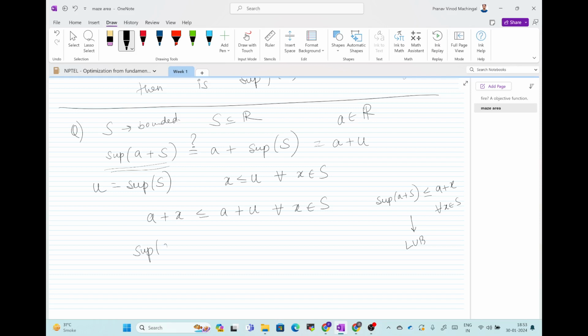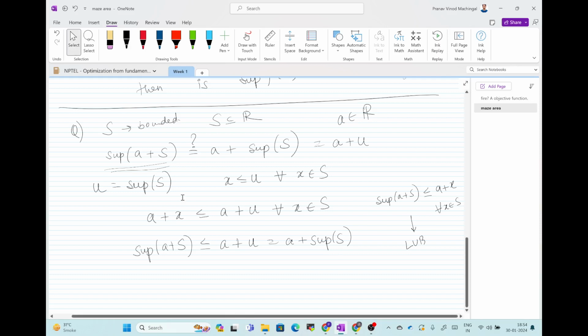So can I write this? I should write it as basically a plus sup of S. So we have this one side inequality.